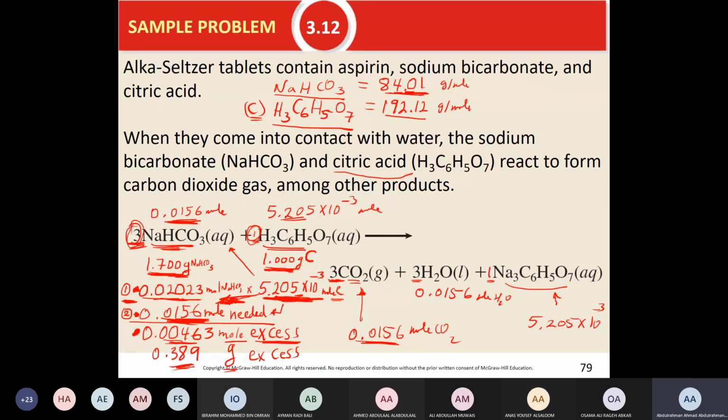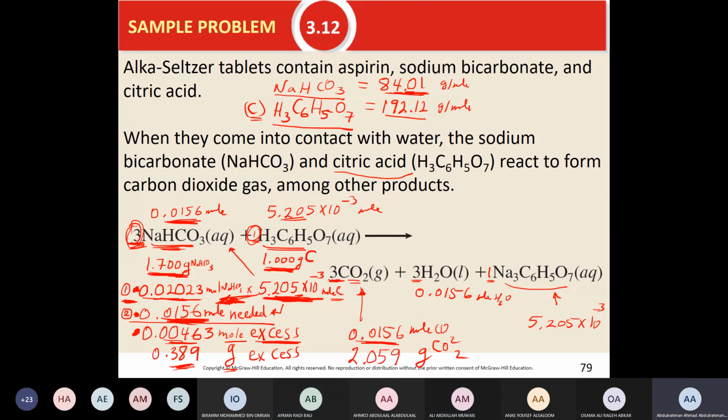How many grams CO2 will be produced? 2.059.